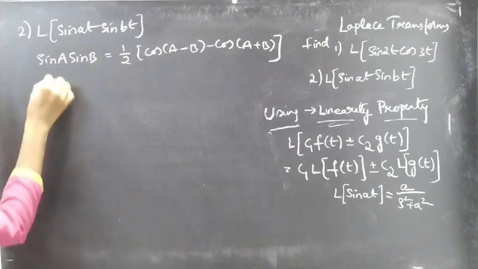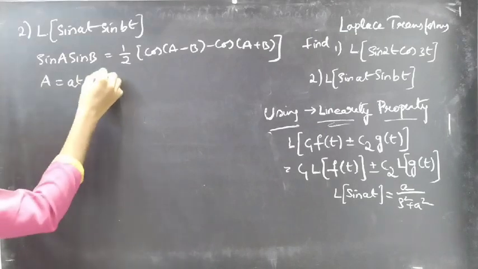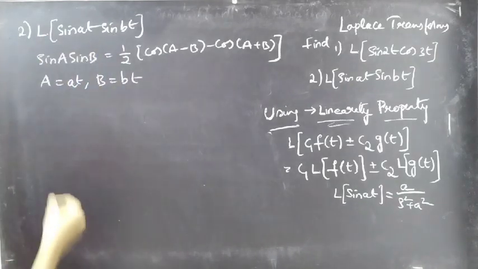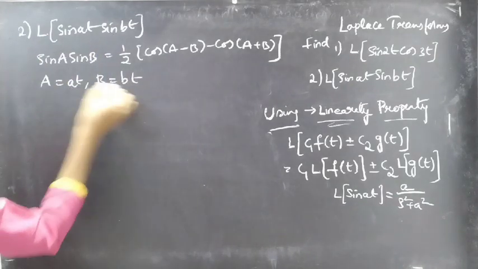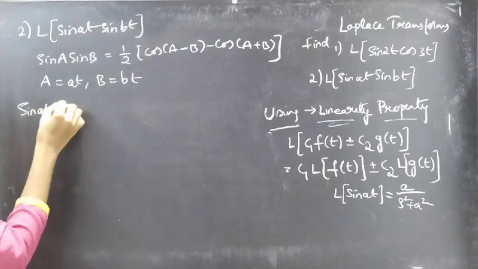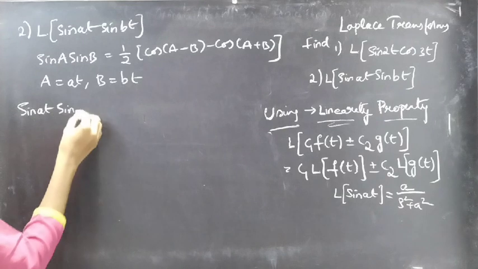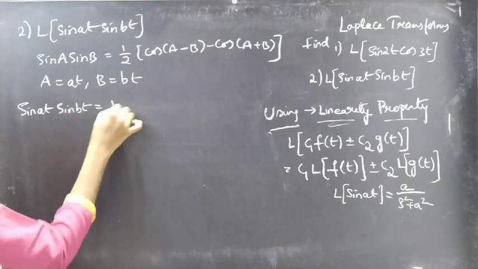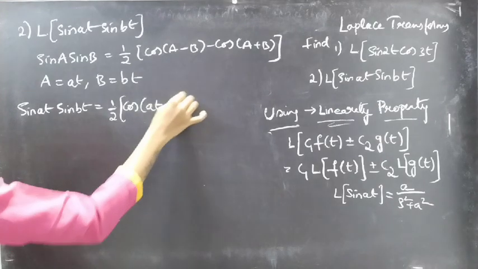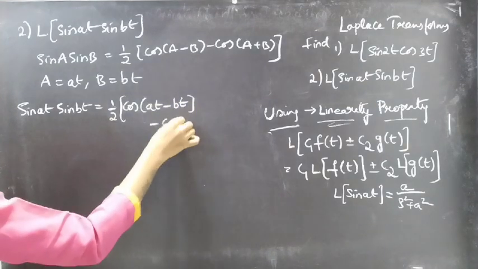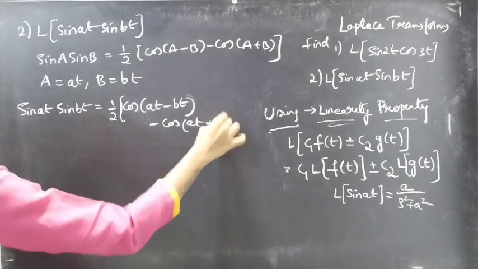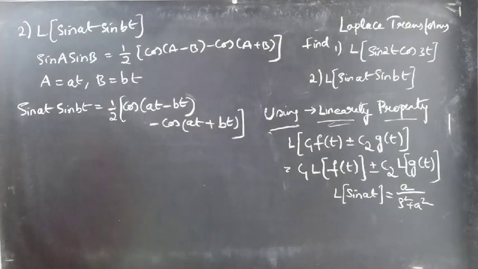Now for A equal to AT and B equal to BT, just compare these two. Then for A equal to AT and B equal to BT, we'll get sin AT sin BT equal to 1/2 of cos of (AT minus BT) minus cos of (AT plus BT), right?